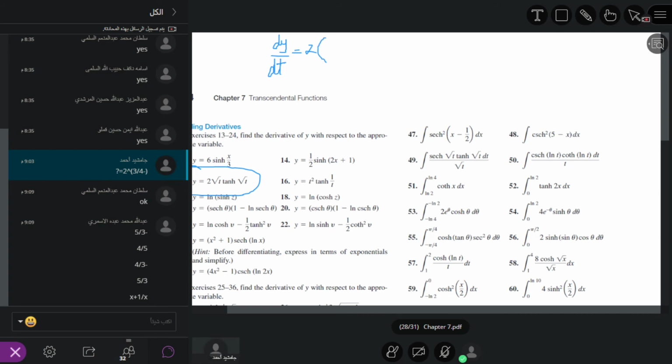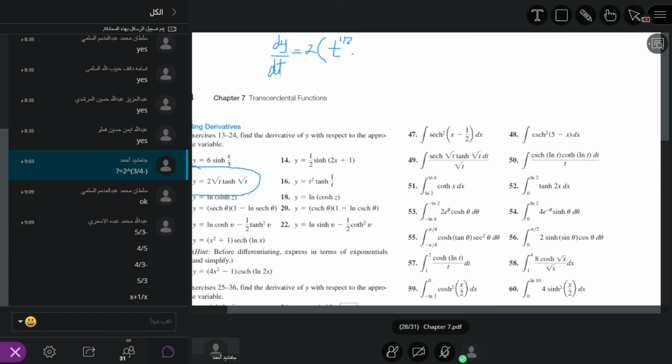We find the derivative of the product by the product rule. First function the same, t power 1 by 2, because the value of square root is 1 by 2. We find the derivative of the second function.